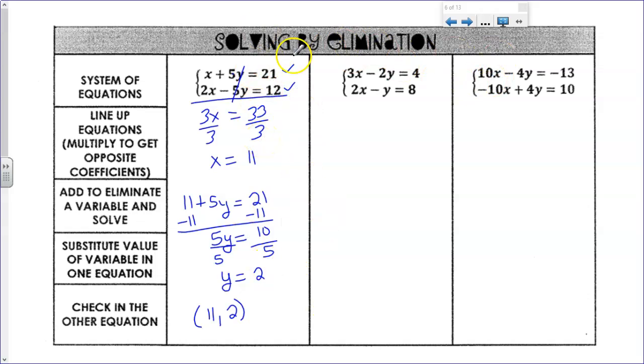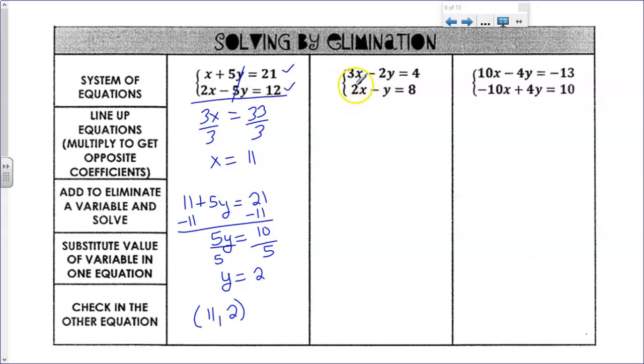Okay, so here, solve by elimination, and here we're going to look at problem number 2. So I can't get rid of x, I can't get rid of y, because neither one of them have the same coefficient with opposite signs. Okay, so if I looked at this, which one would be easiest to get rid of? And that would be y.